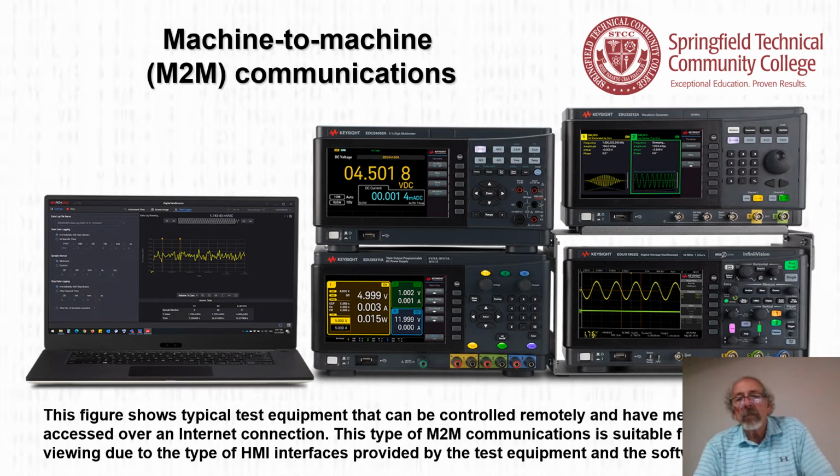In my lab at Springfield Technical Community College, I have a lot of equipment, not these particular models, this is the newest, that allows for this using what's called BenchVue, and it turns out the students can access the readings on, say, a digital multimeter or the display on an oscilloscope using their smartphones.